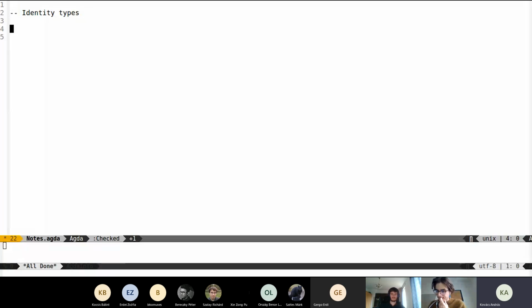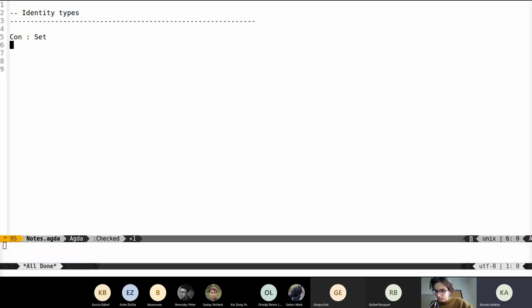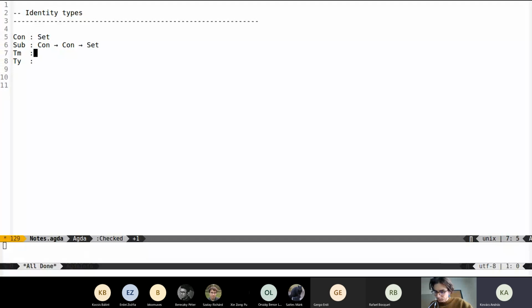Okay, so I hope that everyone roughly remembers all of this stuff. Maybe let's just write down a few basic components here: the context, substitution, terms, and types, just as a reminder.